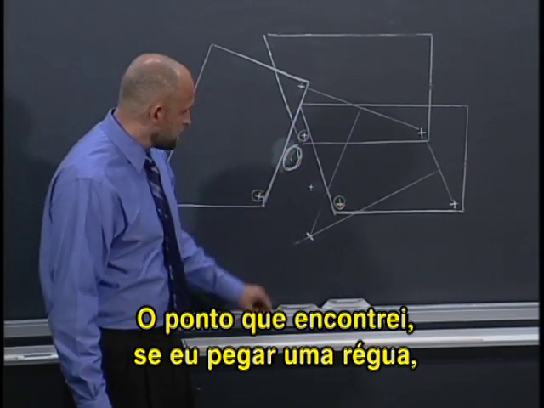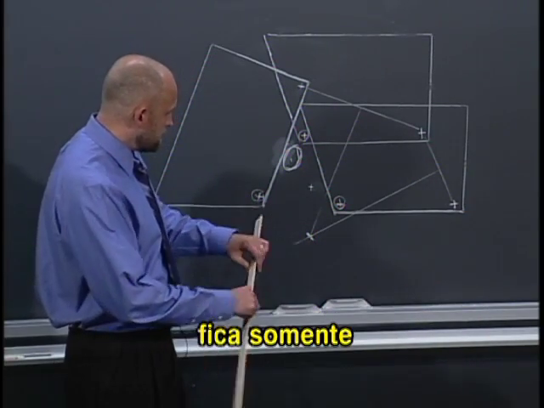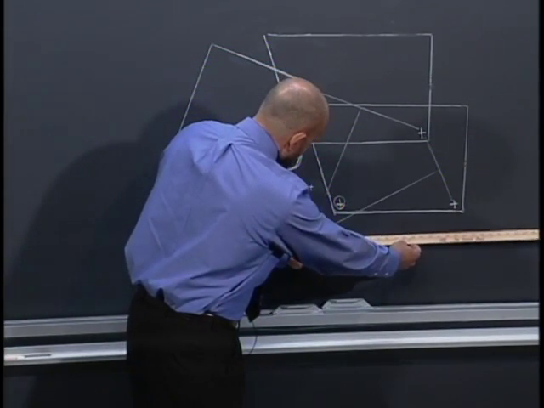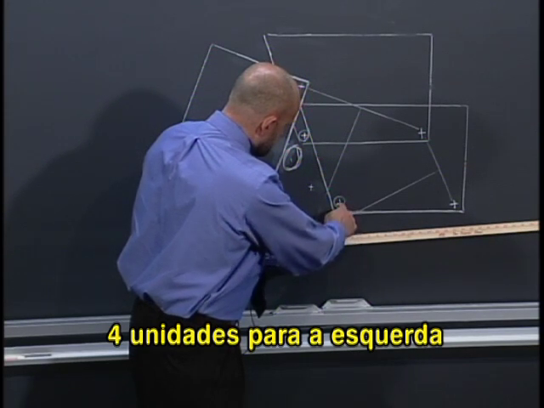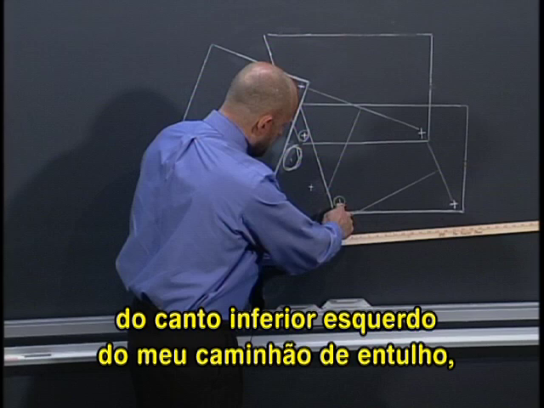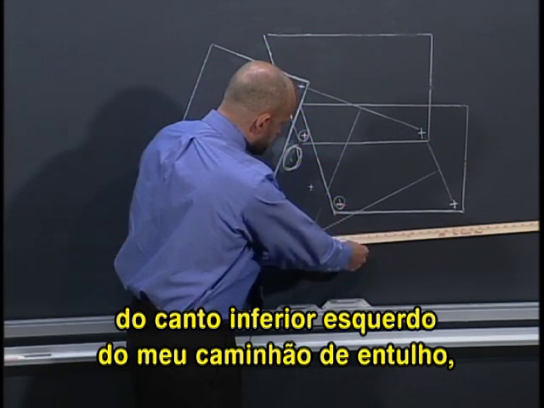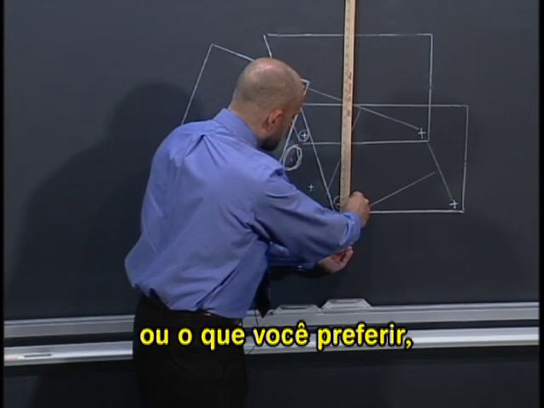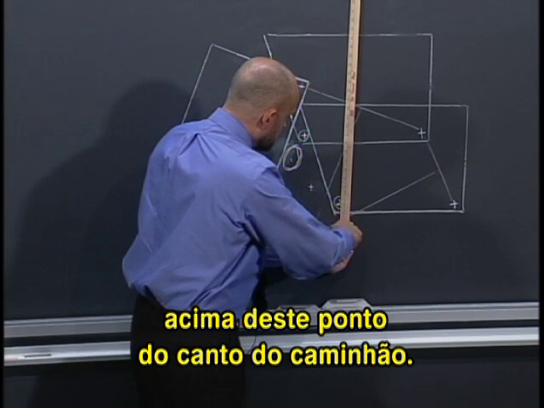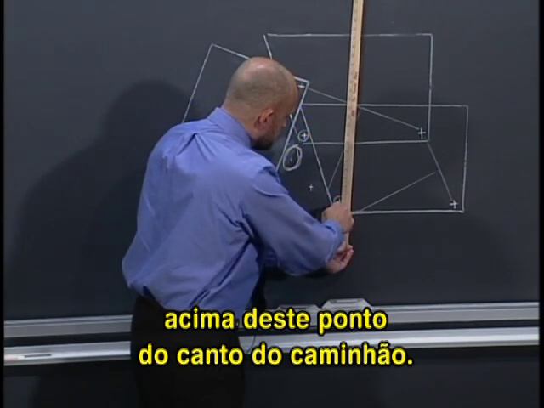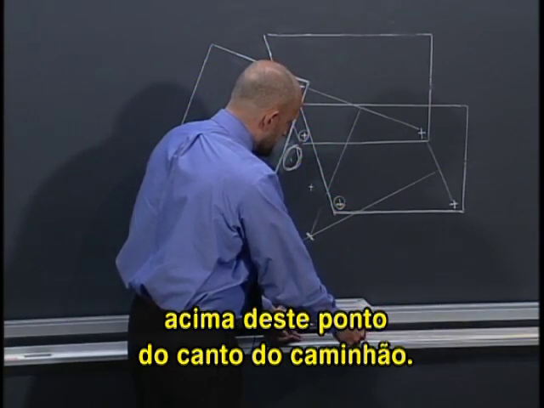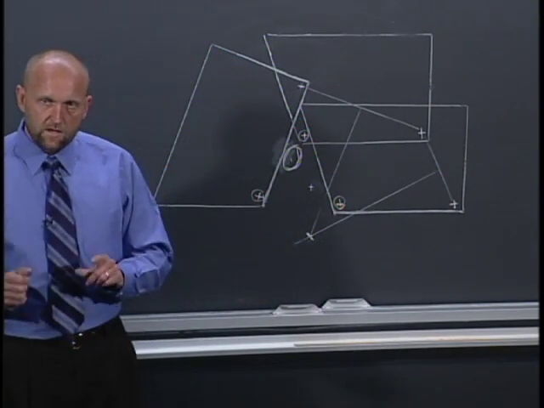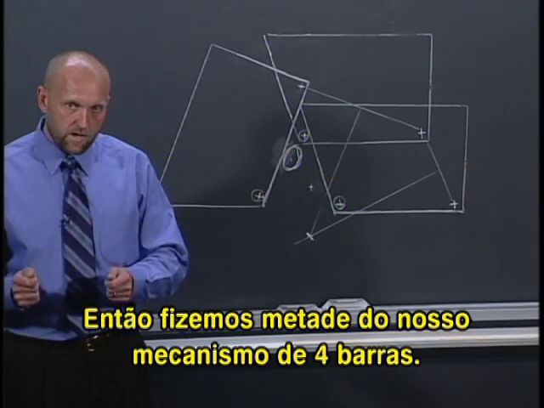That point I found, if I take a ruler, is just 4 units over to the left of the bottom left corner of my dump truck, and it's 5 units on the pegboard or whatever you prefer up from this point at the corner of the dump truck. So 4 and 5. So that's half of our 4-bar mechanism.